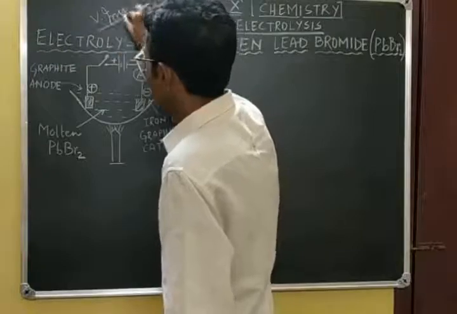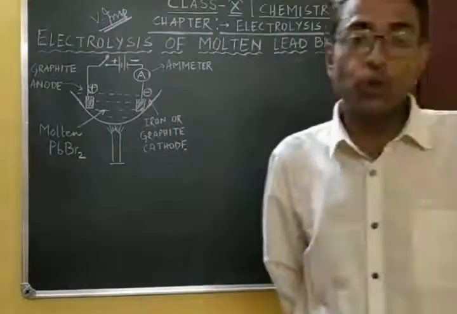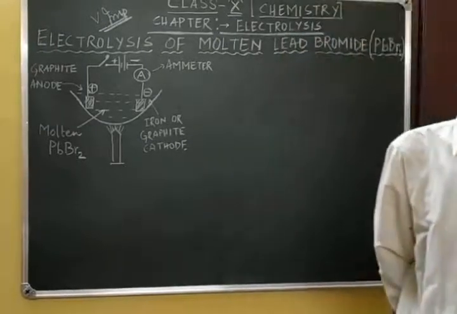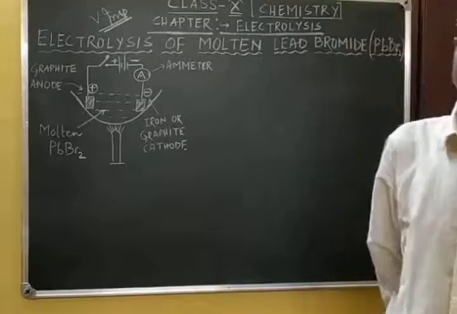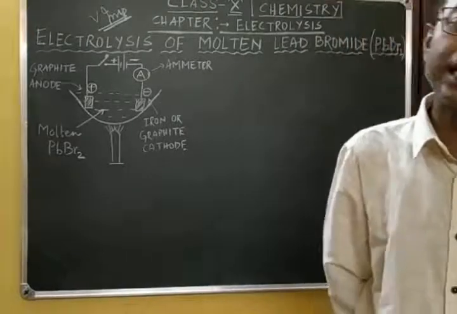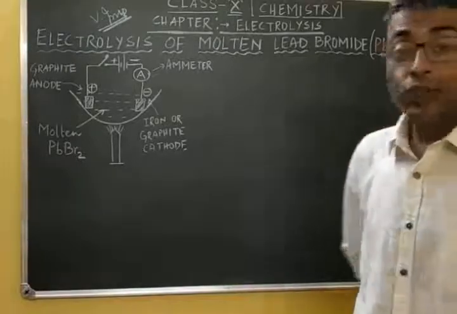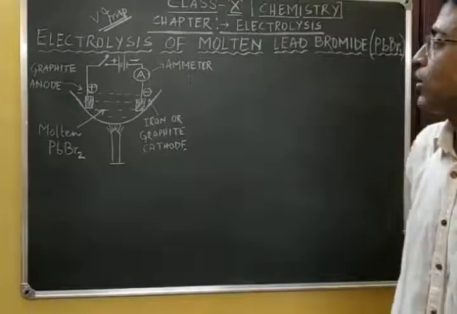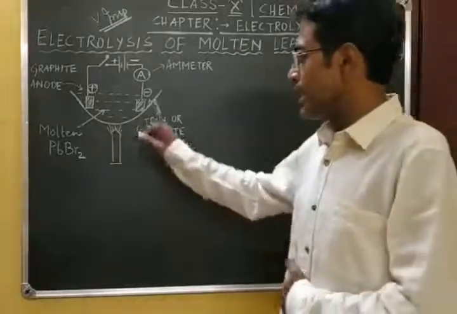You can expect: write the anode and cathode reaction for electrolysis of lead bromide, or show with the help of an example how electrolysis takes place, or show the electrolysis procedure for lead bromide. So this is a 3 mark question. This is the diagram for your sake.